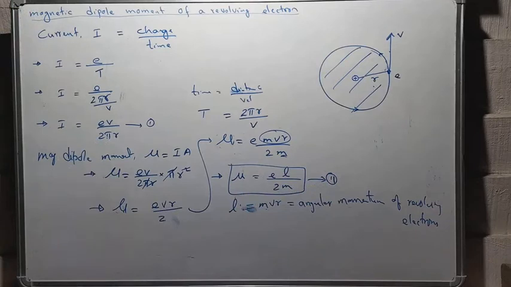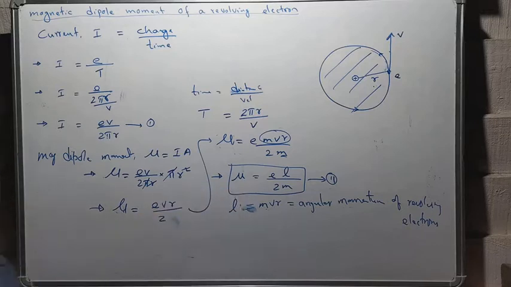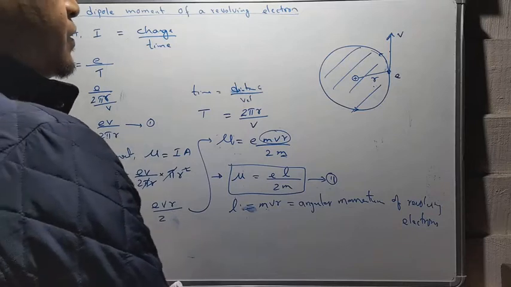Now look at the direction of the magnetic dipole moment. As I have already mentioned, it is a vector quantity, so it should have a direction.